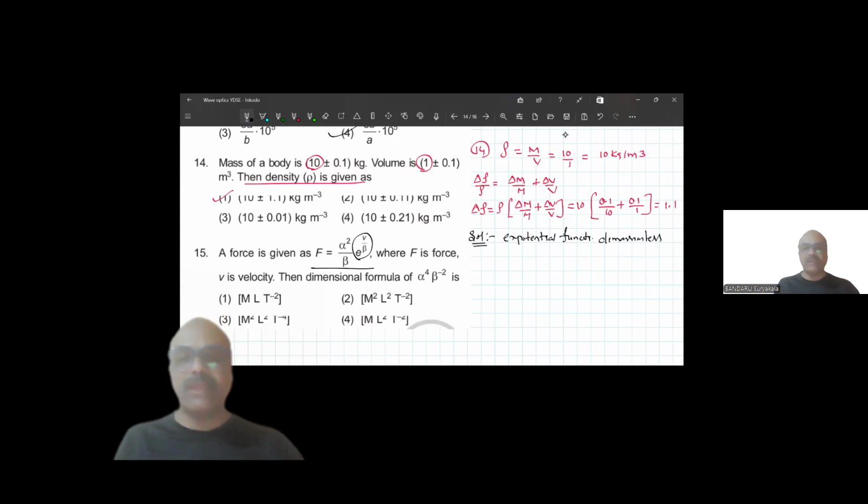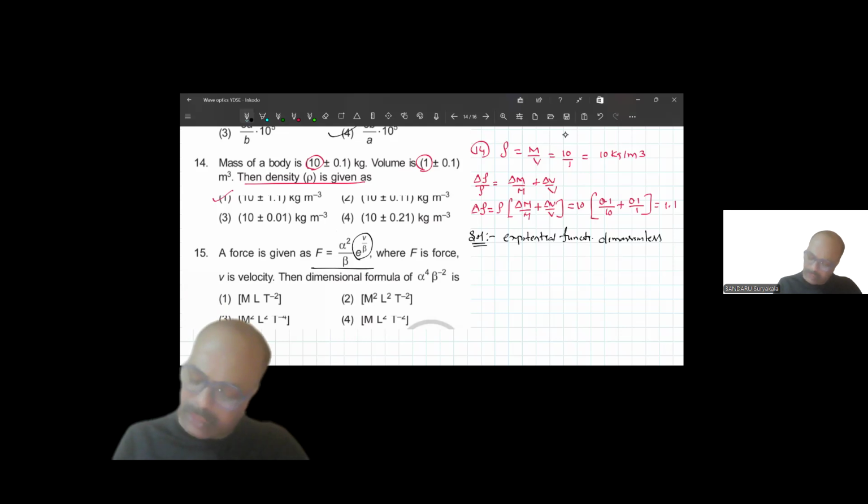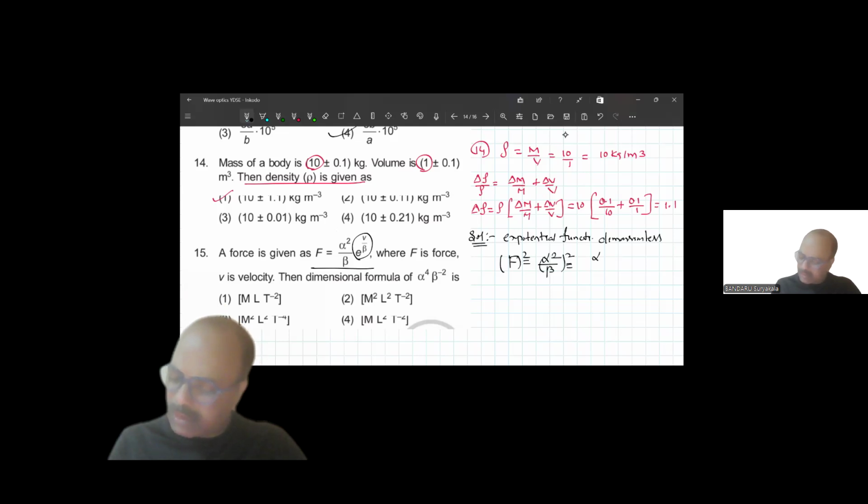Exponential functions are dimensionless, so we can ignore that. So we have the force equals alpha square by beta. Now squaring on both sides, that equals alpha power 4 by beta square. So this becomes alpha power 4 beta power minus 2.